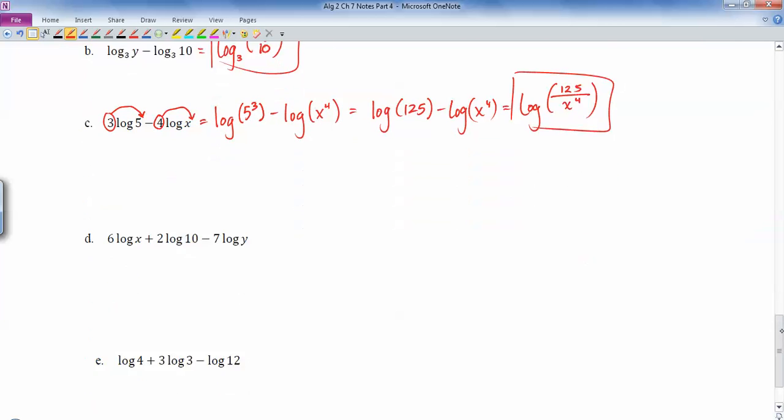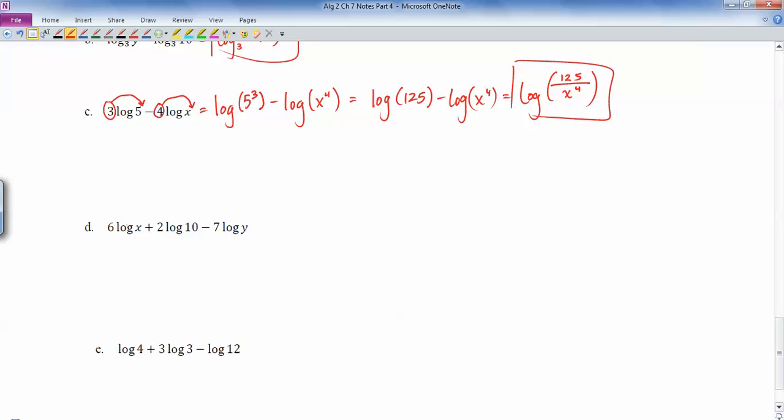2D, 6 log x. All right, so the numbers in front become the powers. So these go up top. So then this is going to turn into, what here? Log x to the 6th plus log 10 squared minus log of y to the 7th.